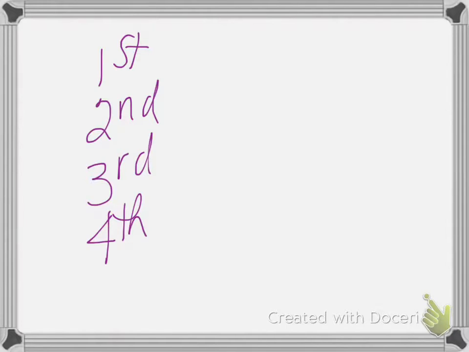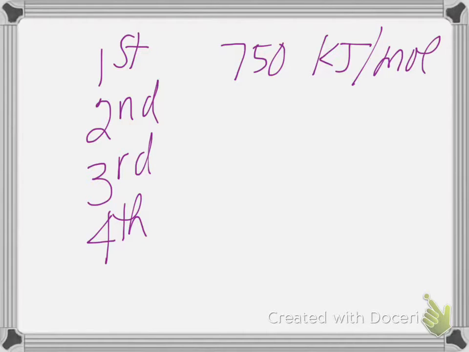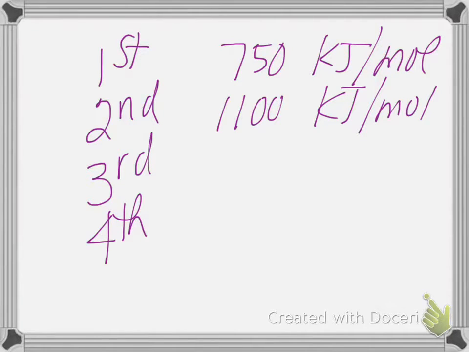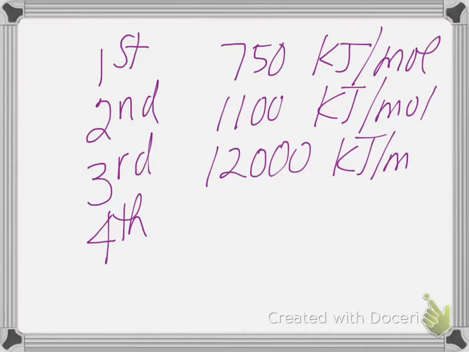Okay, so I'm going to make up these values. Let's say I have an atom and its first ionization is 750 kilojoules per mole. The second one is like 1100 kilojoules per mole. Third one is 12,000 kilojoules per mole. Okay, I'm just going to stop there.